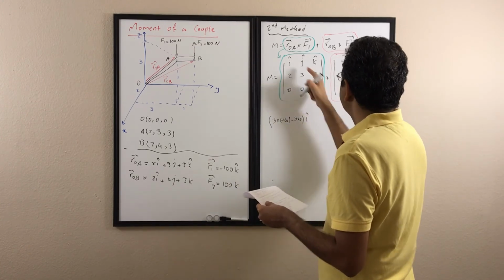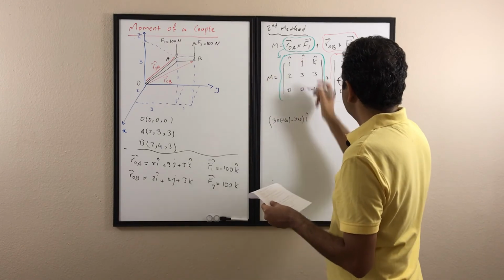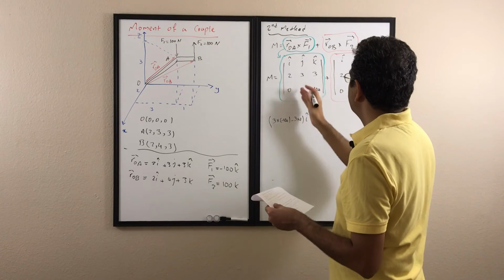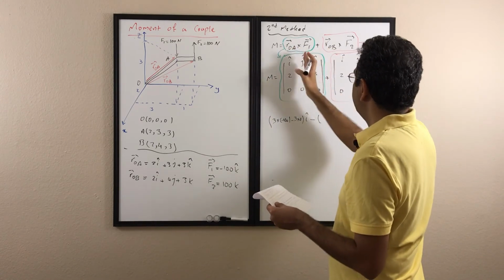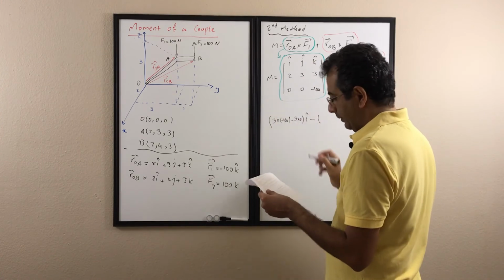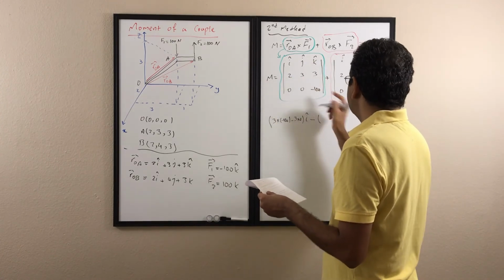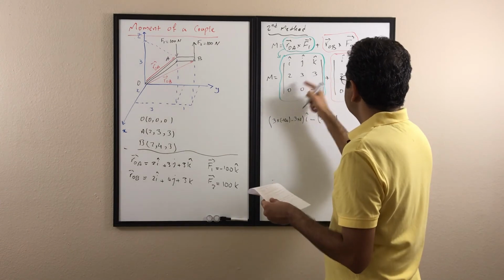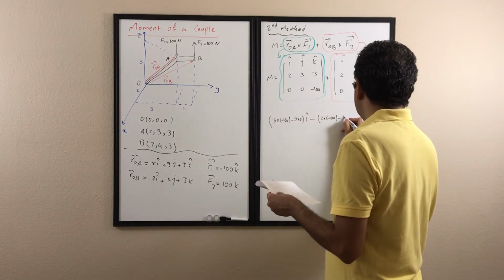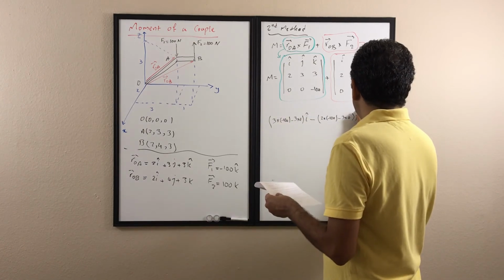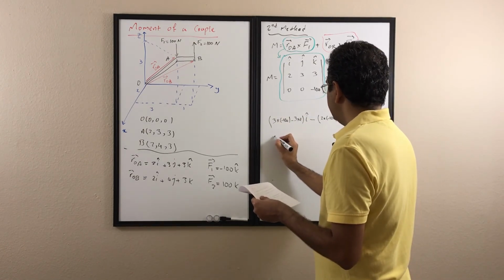Then I go to the second one. Remember, the second one is negative, and I remove the column and the row that the j is sitting in, and do the calculation. So it's 2 times negative 100 minus 3 times 0, j, and then the third one is plus.